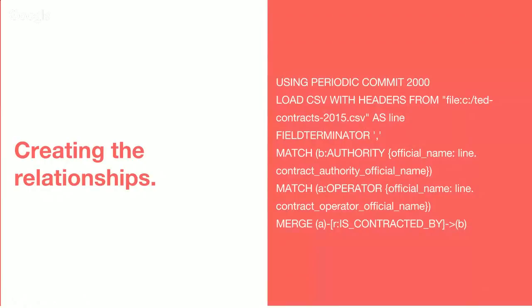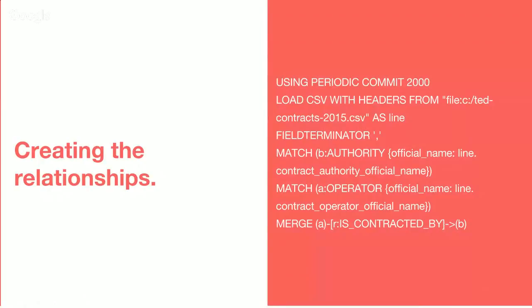So we went through a few operations. To sum up, we first created the nodes, then we added properties to them, then we saw how to do some computations, some aggregations, and then finally we created relationships between all these nodes.